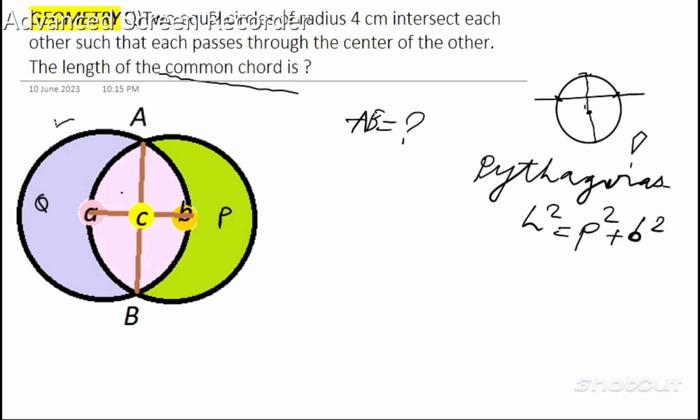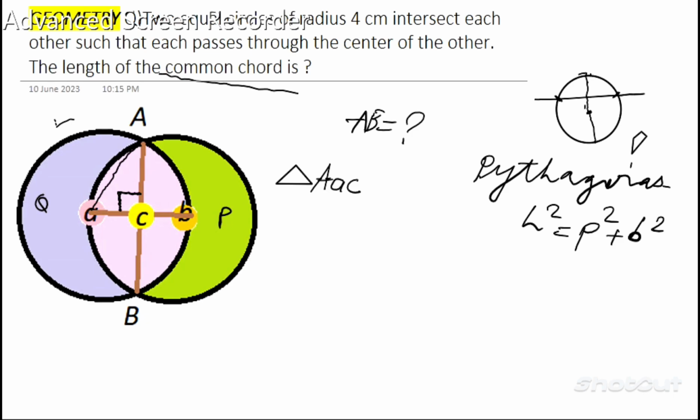Alright. Now this part is the 90 degrees. Okay. This is the 90 degrees. And A is the center of the first circle, circle Q. So if you draw a line from A to small a, you can see that you've got a triangle, namely A, small a, and C. That's your triangle. Right?